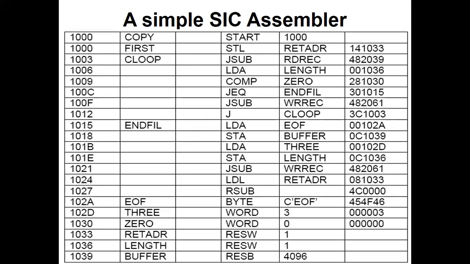They will always give you the beginning address. Like in this case, they will just give you 1000, okay? And then they will ask you to translate that program to machine language. So it means that you have to generate the addresses yourself. You can't translate before you know the addresses, because every instruction will need an address, okay?